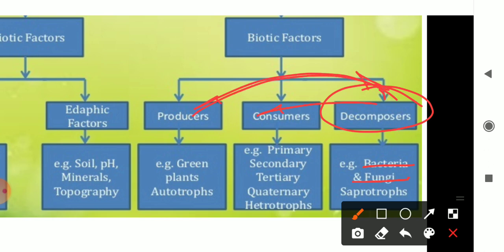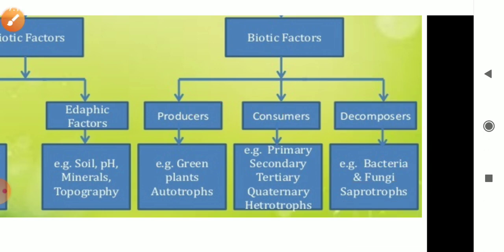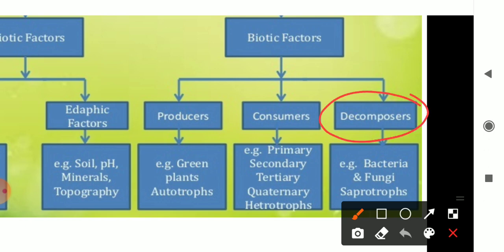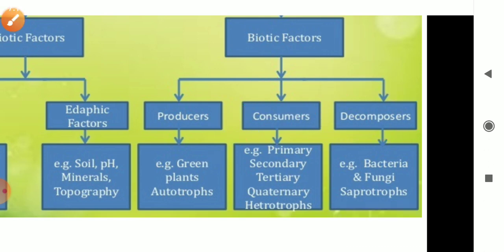So the dead bodies of the plants and animals or the waste materials are degraded to the simplest form, and then these simplest forms, that is the raw materials, are released back into the environment so that they can be reutilized by the producers. So it's because of the decomposers that recycling of the waste materials is possible, and it is because of decomposers that the nutrients continuously keep cycling between the biotic and abiotic components of the ecosystem.